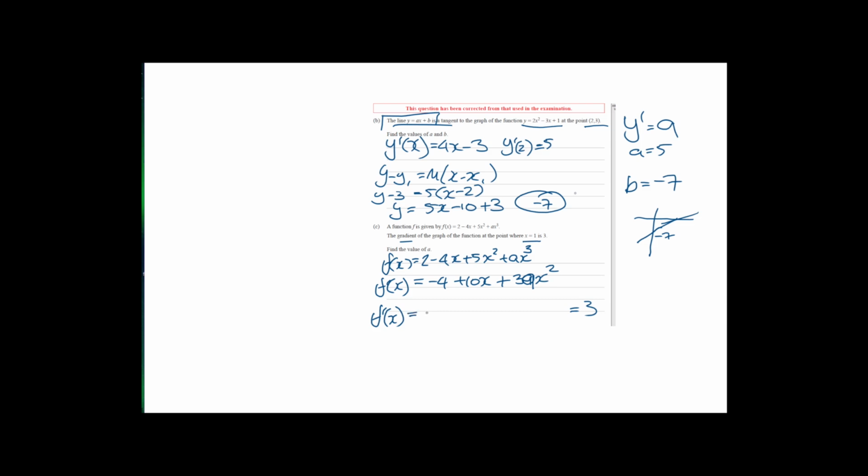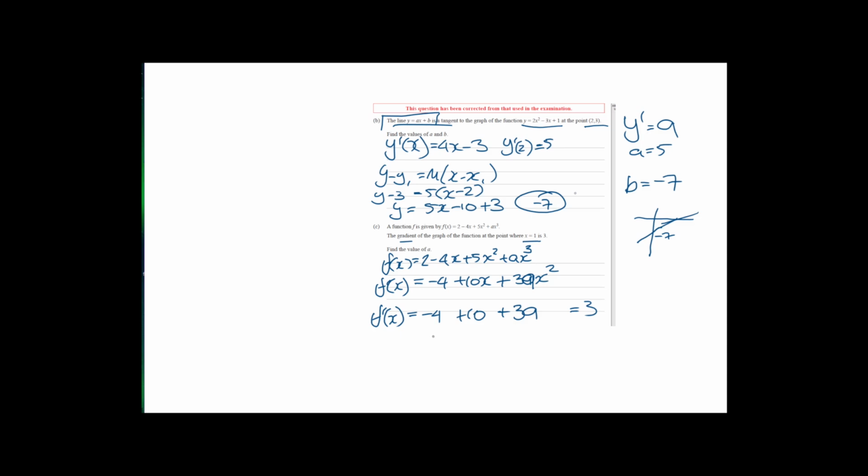So that's going to be equal to minus 4 times 1 plus 10, and 1 squared is 1, plus 3a equals 3.